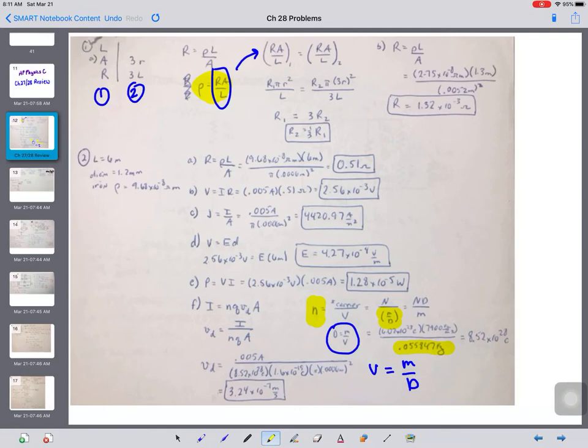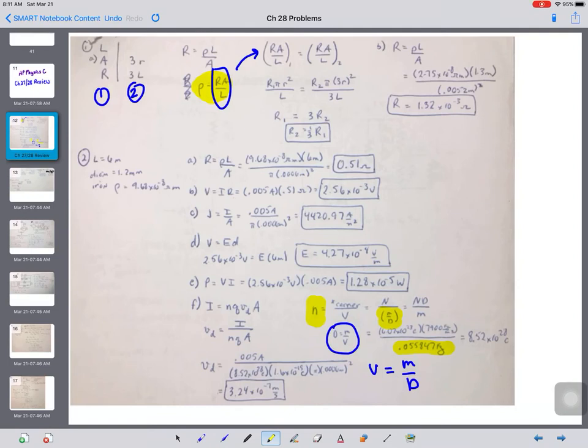Convert it from grams into kilograms, and then the density of iron was given in the problem, and actually the molar mass was also. It's just a matter of plugging in. We get 8.52 times 10 to the 28th carriers per volume, and that's what goes in for small n in the equation below. Everything else we know, and you can solve down for the drift velocity.